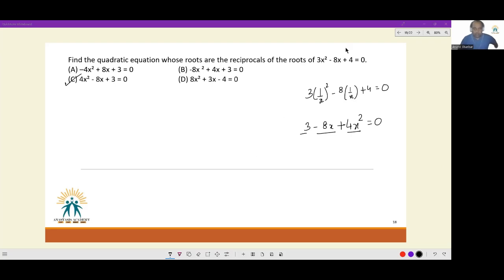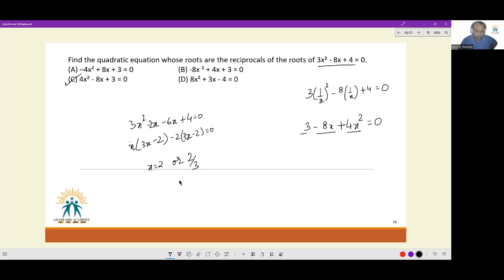Or another way you can do it is, given that the numbers are fairly straightforward here, you can factor: 3x square minus x. 3 into 4 is 12, so minus 2x minus 6x plus 4 is equal to 0. So we get (3x minus 2)(x minus 2) is equal to 0. So x is equal to 2 or 2 by 3.